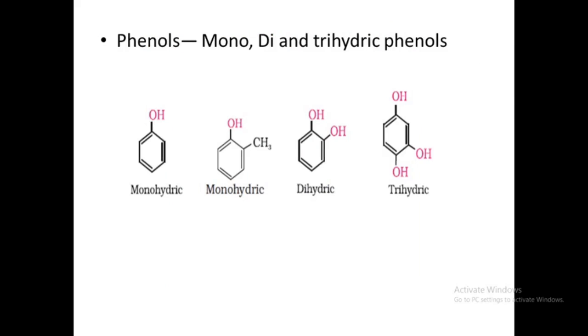Then let us discuss the classification of phenols. Phenols are classified as mono, di and trihydric phenols. In monohydric phenols, only one OH group is present, in dihydric phenols, two OH groups are present, and in trihydric phenols, three OH groups are present, and they all are directly attached with an aromatic ring or benzene ring.